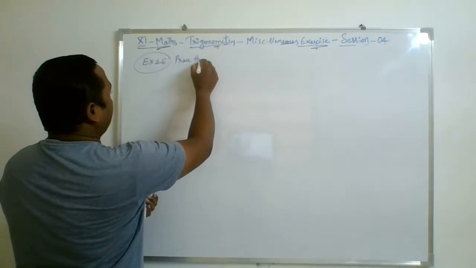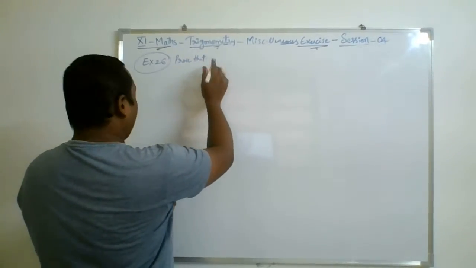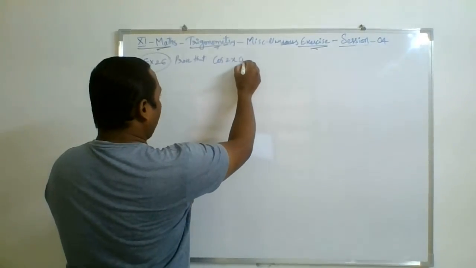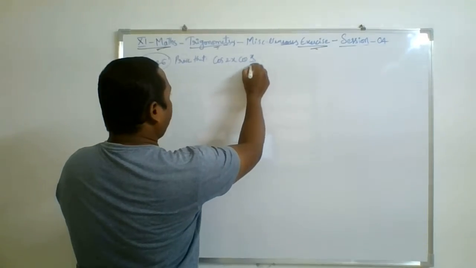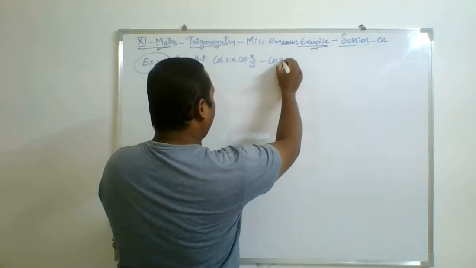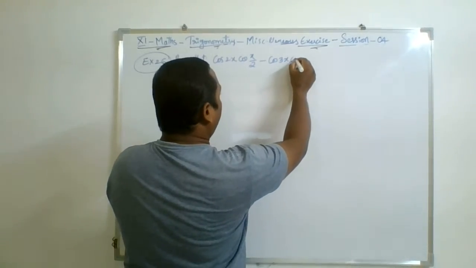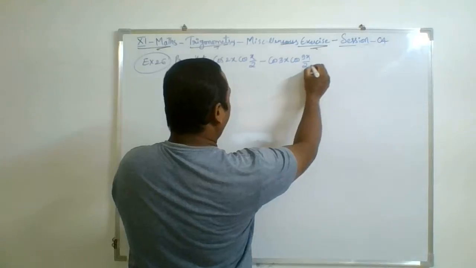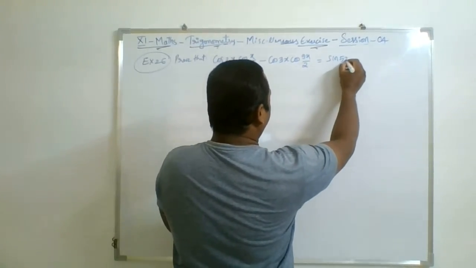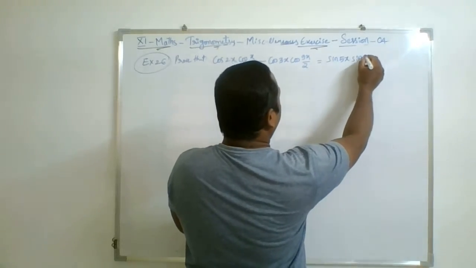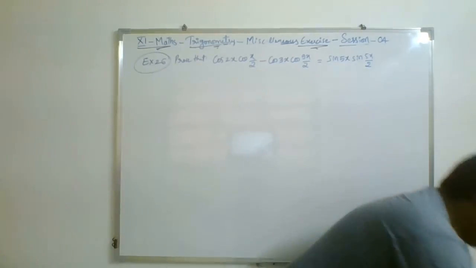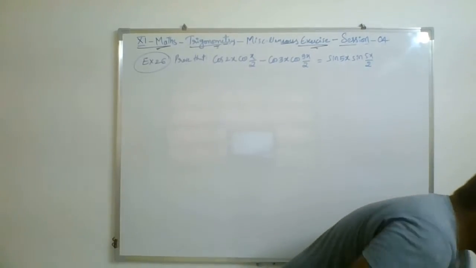Prove that cos 2x into cos x by 2 minus cos 3x into cos 9x by 2 is equal to sin 5x into sin 5x by 2.